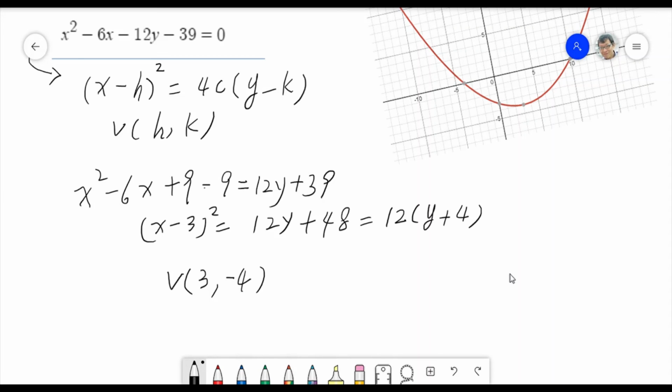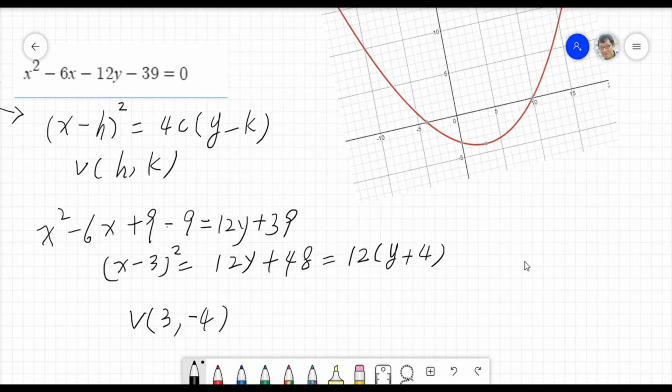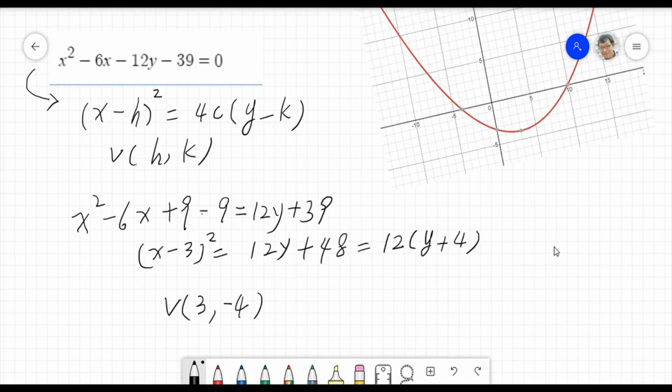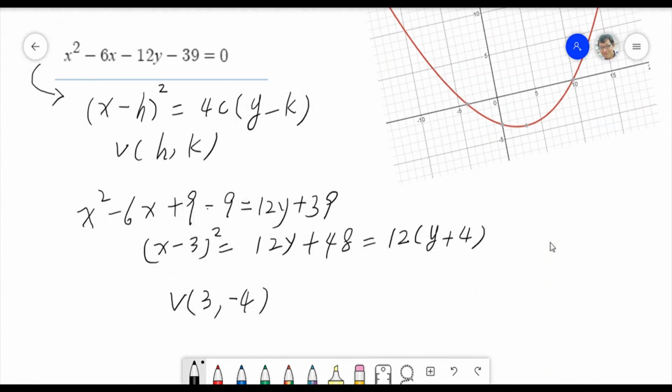Now, what is the directrix? Let's first find 4c.